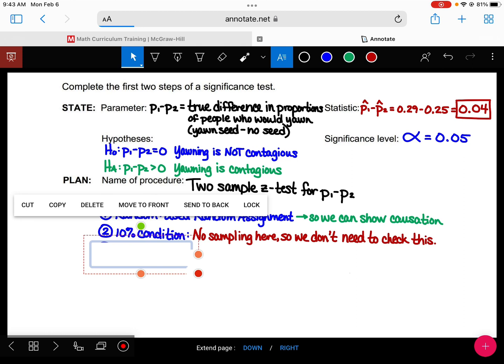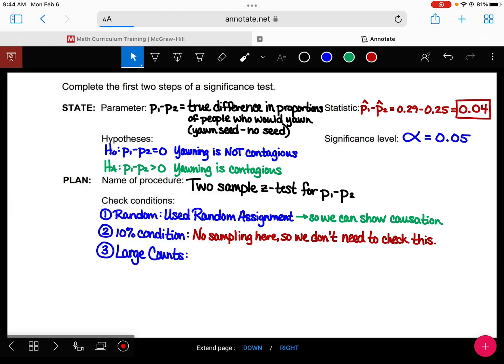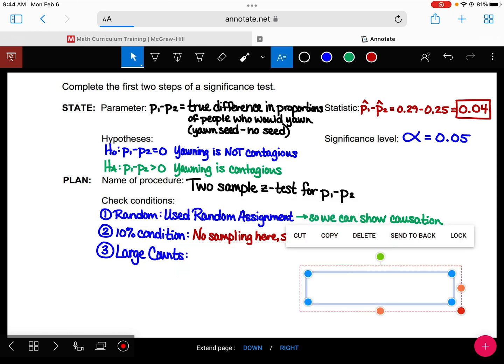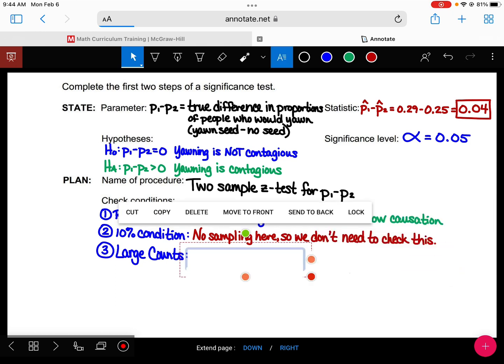And third, what do we have to check? Law of large counts. What is our P combined? X1 plus X2, so that would be 14 out of 50, yes.